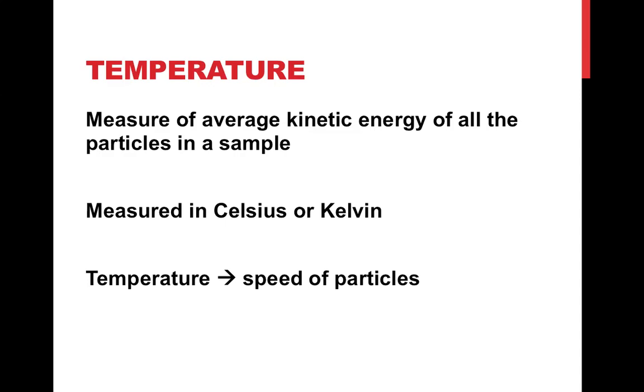So if you have a high temperature, that means you have particles that are moving very, very fast. And technically, this is an average of all the kinetic energies, so it's not quite the speed, but it gives you a picture of how fast particles are moving. Higher temperature means the particles are moving faster.